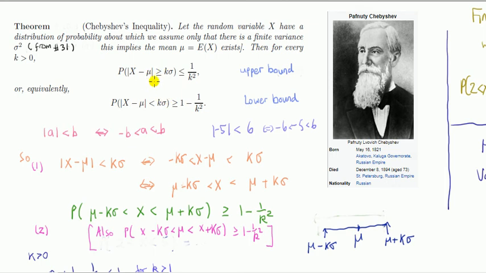So let's look at this one. X is the random variable, mu is the mean of the random variable, sigma is the standard deviation of the random variable.